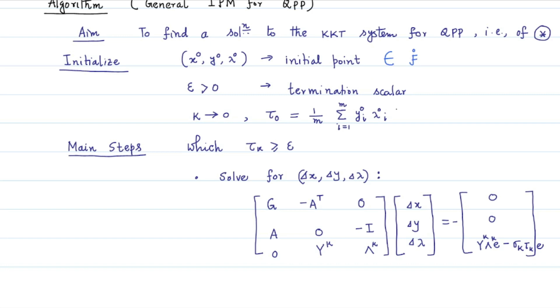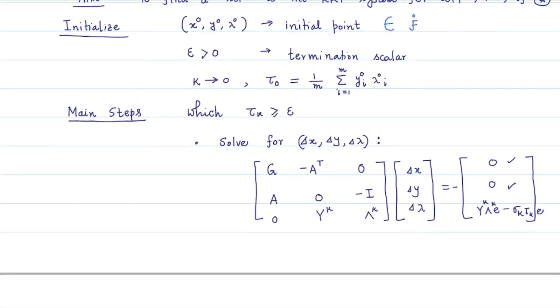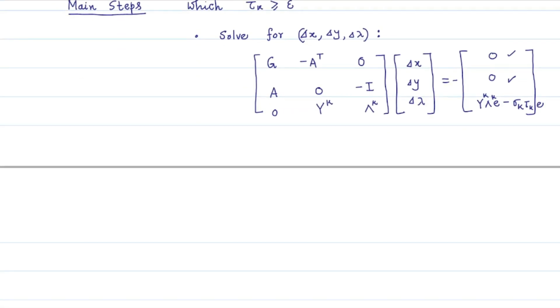That we can prove, and therefore we can safely replace these two components, these and these, on the right hand side by 0 matrices. So now you solve this bottom equation for delta x, delta y and delta lambda, then take the next iterative point by this iteration formula.